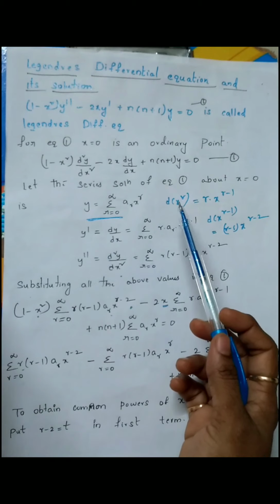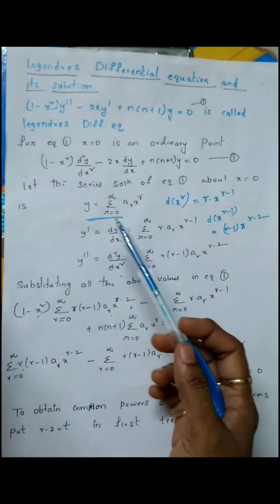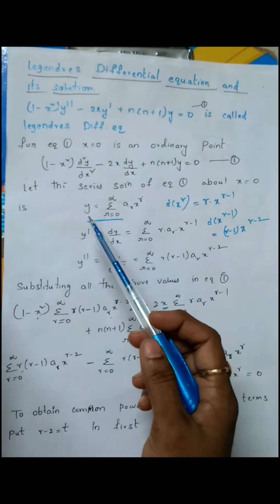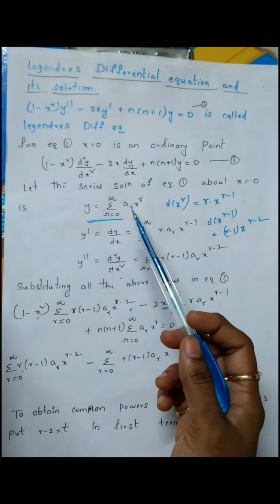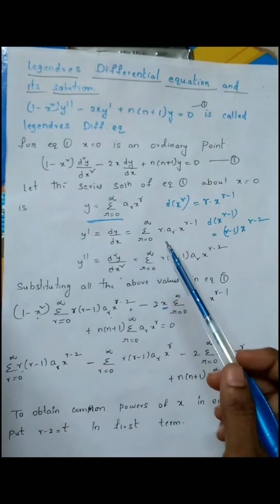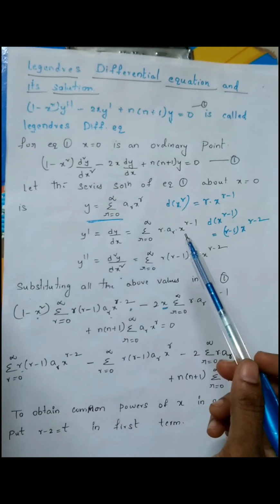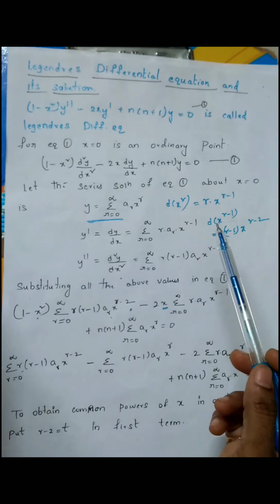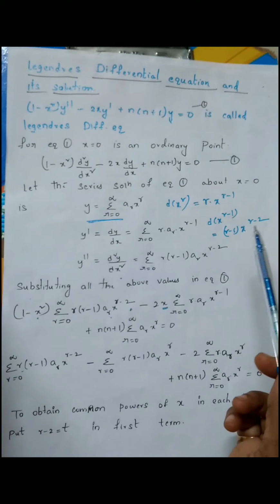Differentiating x power r gives r x power r minus 1, so y changes to r a r x power r minus 1. Differentiating x power r minus 1 gives r minus 1 into x power r minus 2.